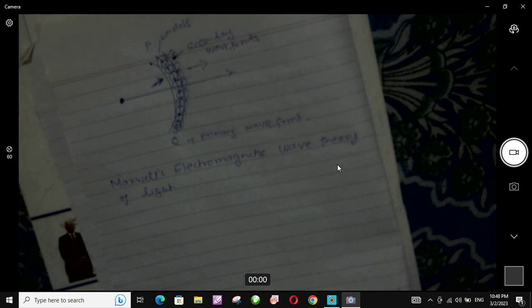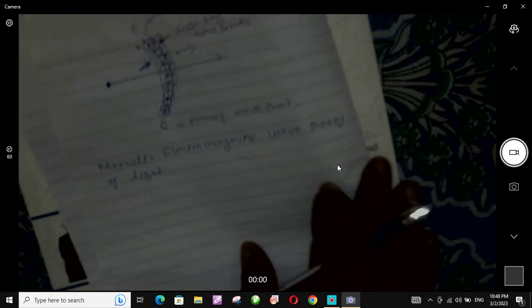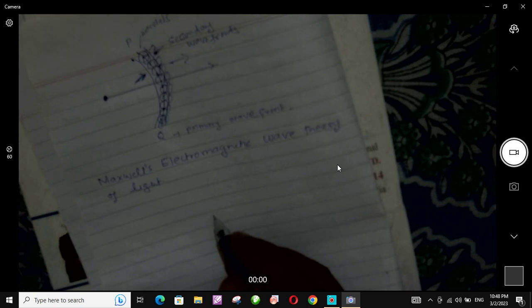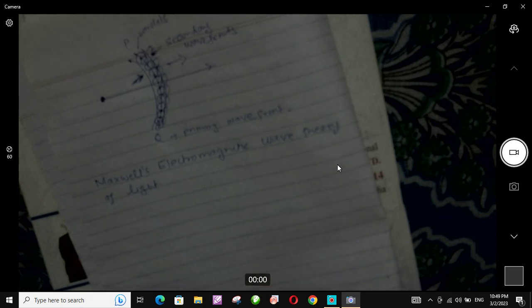If there is some medium that is ether, then this ether can have some finite rigidity. Due to this finite rigidity, that rigidity will affect the motion of planets and satellites. So the idea of the ether was later on dropped.